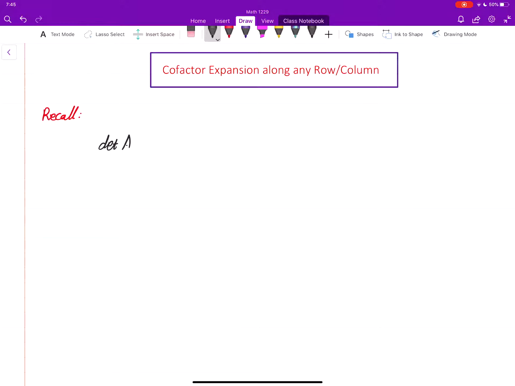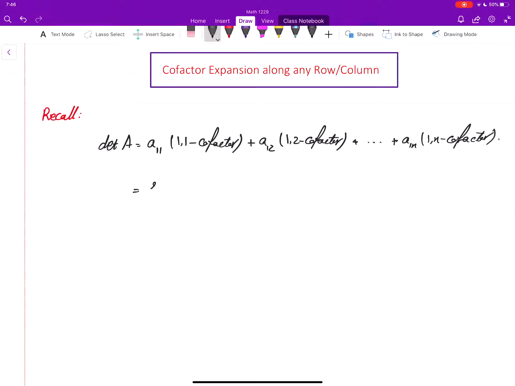So far what we know about the determinant of an n by n matrix is that you multiply entries of the first row by the corresponding cofactors. Yes, one entry to one cofactor, then add the next entry to its cofactor, and continue this until you get the nth entry times the nth cofactor. Another way of writing this is the sum of entries of the first row times the corresponding cofactors.